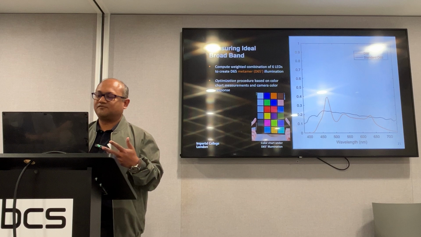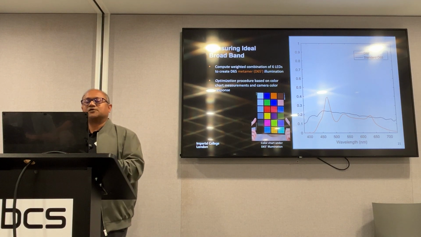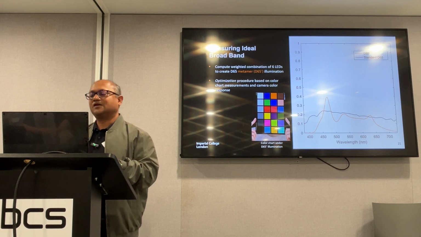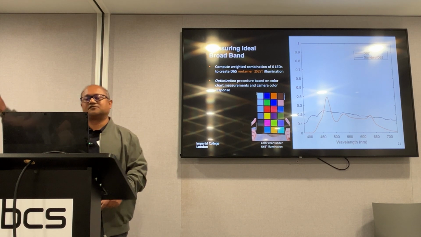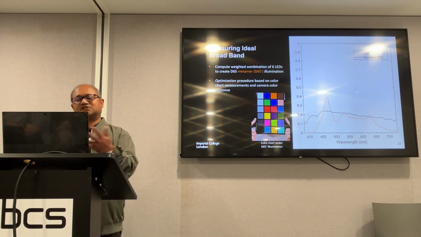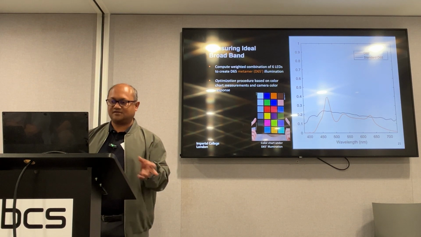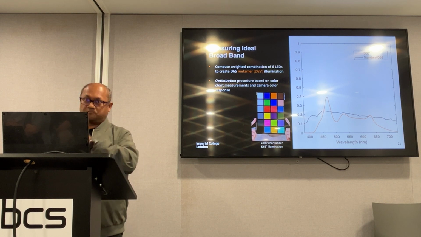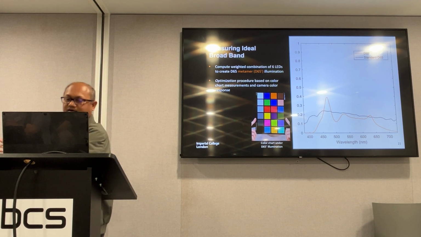So what we did is we looked into an optimization problem where a color chart lit with some linear combination of those 6 LEDs will produce a photograph that is essentially indistinguishable to the human eye from a photograph of the same color chart under ideal D65 light.